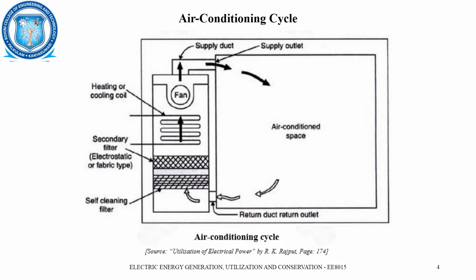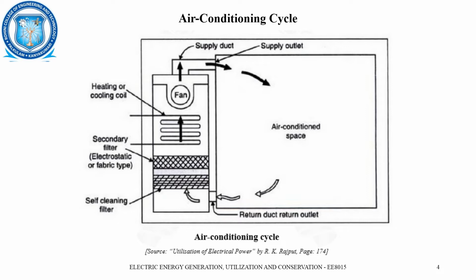electrostatic particles which are present in the air, and after that it will be moving towards the heating or cooling coil, that is, here the condenser coil, and here the removal of heat takes place. After that it moves towards the fan.